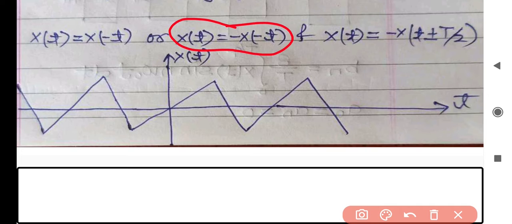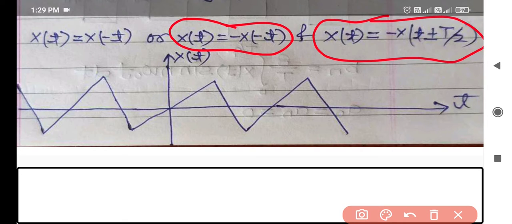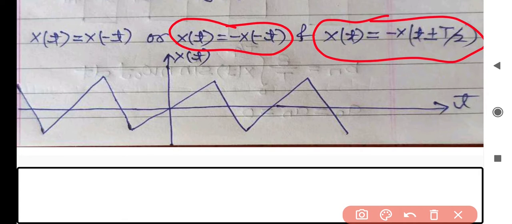And also, if we shift the signal by half of its period and reverse it, then it will produce the same result, which means it will also follow this condition. The signal has half wave symmetry also, that's why we can consider it as a quarter wave symmetric signal.